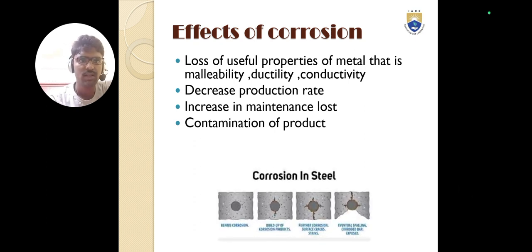Here we can see a small image of corrosion of steel happening. Firstly the metal gets somewhat corroded, and later this corrosion spreads onto the steel, making it an undesirable material.